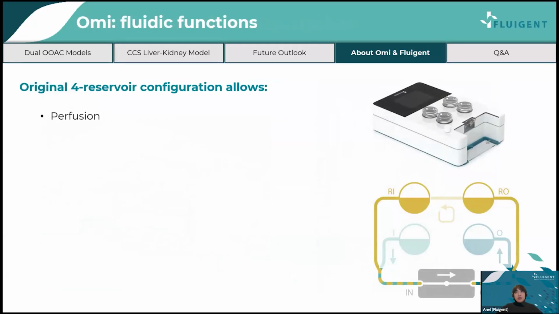It allows the perfusion, so you can see the reservoir on top, the RI and RO represented in the schematics here. So the perfusion is from one reservoir to another. After a small volume perfusion, you can collect the media for conditioning or for assessment.